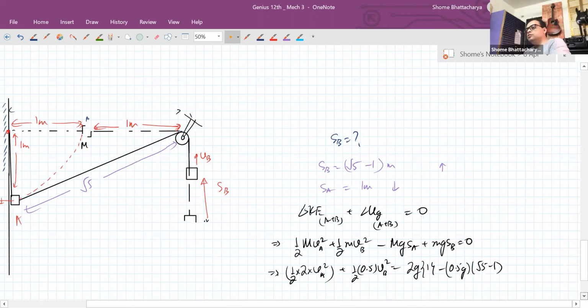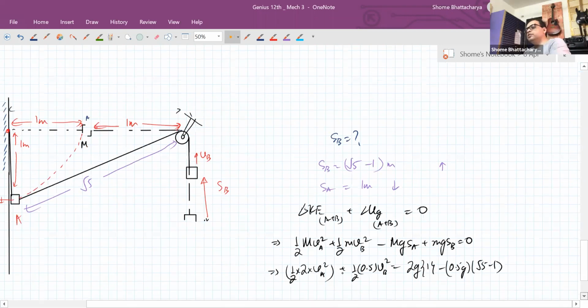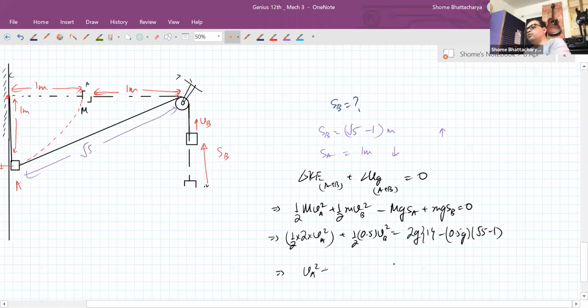Okay. So vA square plus vB square by 4 is equal to g into 2 minus (root 5 minus 1) by 2. So this is our first equation, which is coming from conservation of mechanical energy.